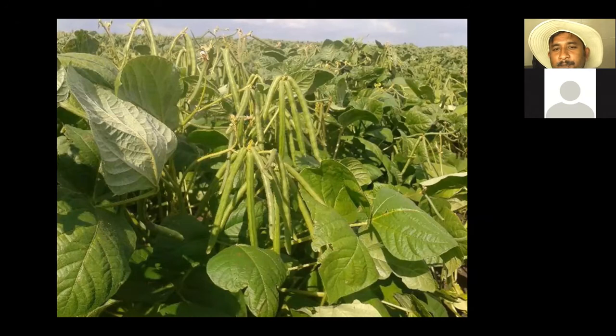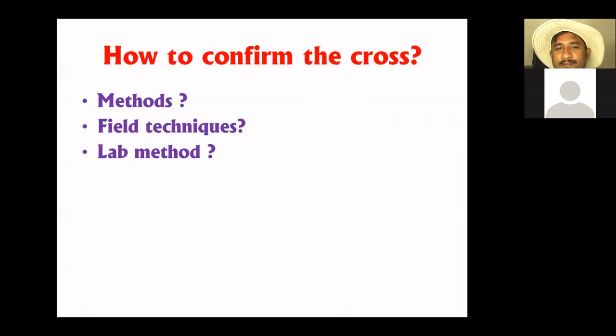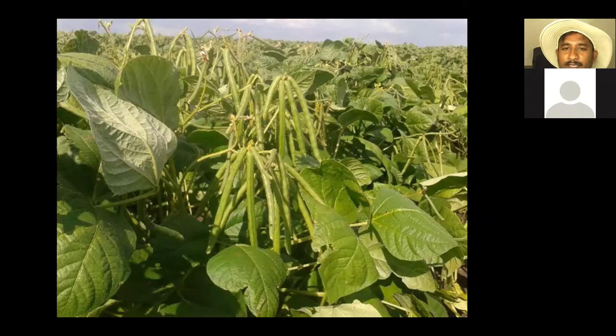If a pod is very small, having 1 or 2 seeds and a length of 1 or 2 centimeters, that pod, or the seed, is considered a crossed one. Typically it is very small, and having 1 seed is the best. If there are 2 seeds inside, we also consider that.